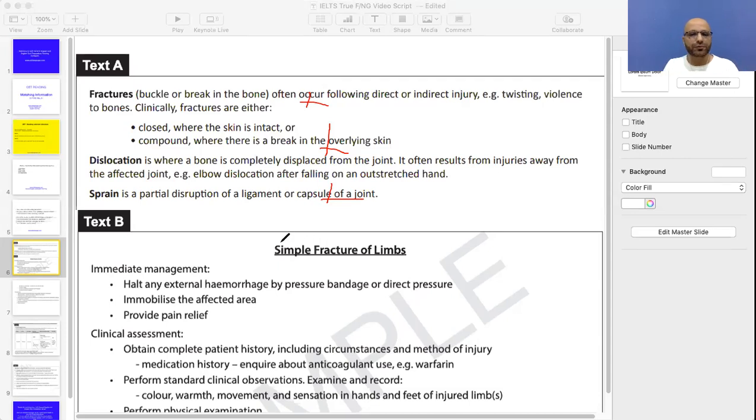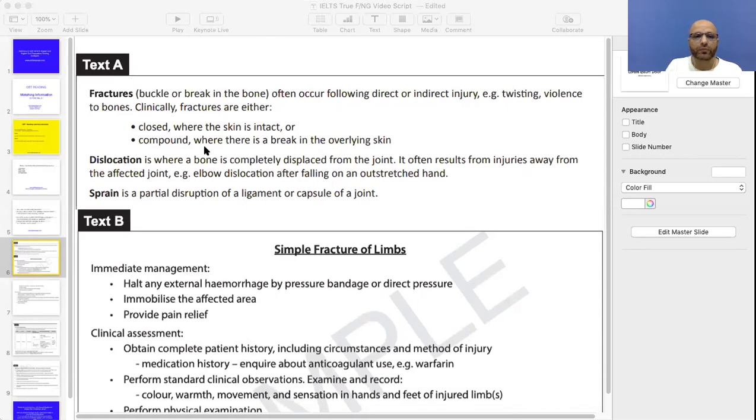Okay, simple fracture of limb. Now, what do you think? Can a simple fracture of a limb contain the information or not, for question number 2? Control of external hemorrhage by pressure.